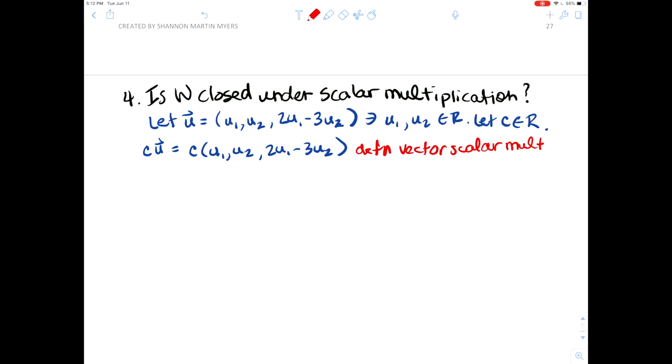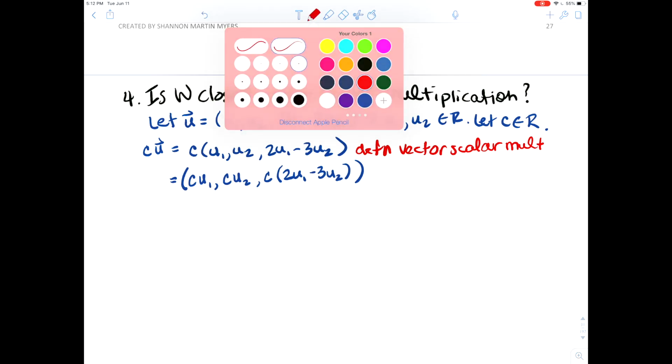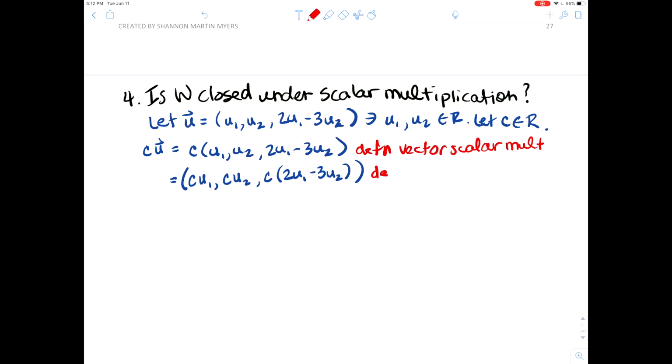All right, and then next line will be what? I got to bring that c into the vector. So I'll have c times U1, c times U2, and then c times a quantity, 2U1 minus 3U2. All right? So remember, I'm going to have 2 times something minus 3 times something for this to be closed. Actually, sorry. This is where this one goes.